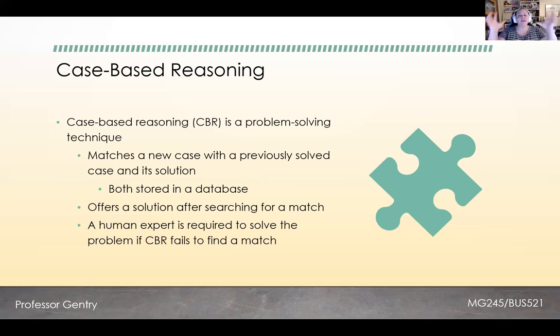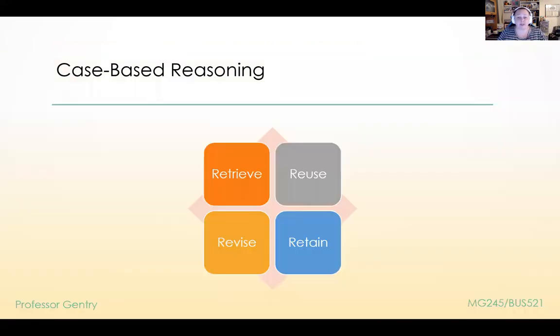The algorithm then is going to search through the keywords to find a problem solution combination that can be applied to the new problem by finding similar keywords. Okay, if no problem solution combination can be found, then it must involve a human expert to solve that problem.